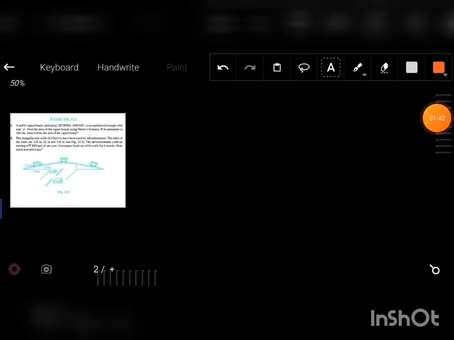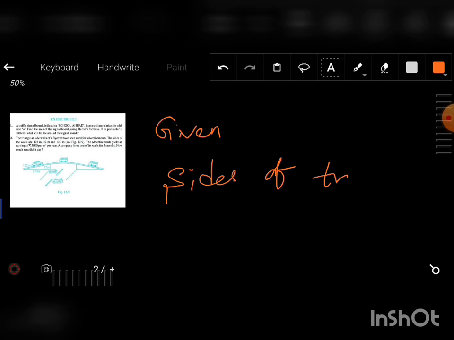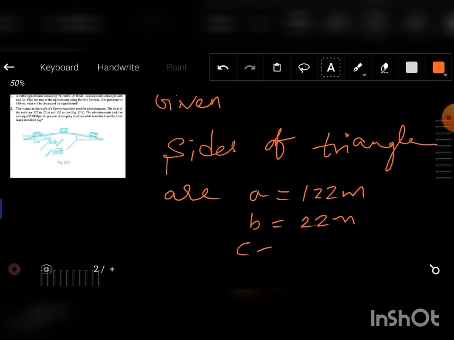If you see the figure, given the sides of the triangular region are, one of the sides I am assuming as a equal to 122 meters, b equal to 22 meters and c equal to 120 meters.